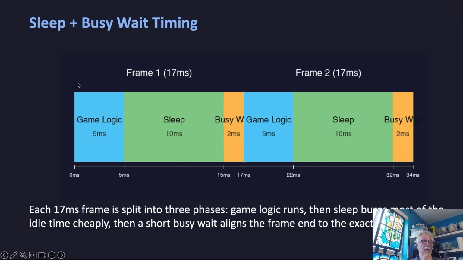So this is what every frame looks like. You have some game logic here that includes your input, your processing of all your systems, and your rendering. And then we're going to do this here. And again, in the next frame, we're going to have a sleep.